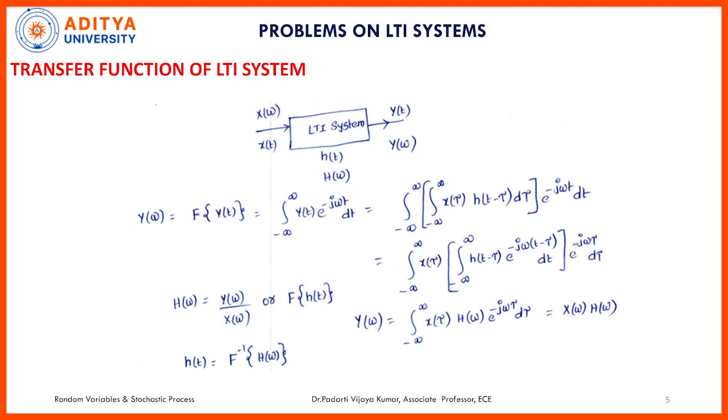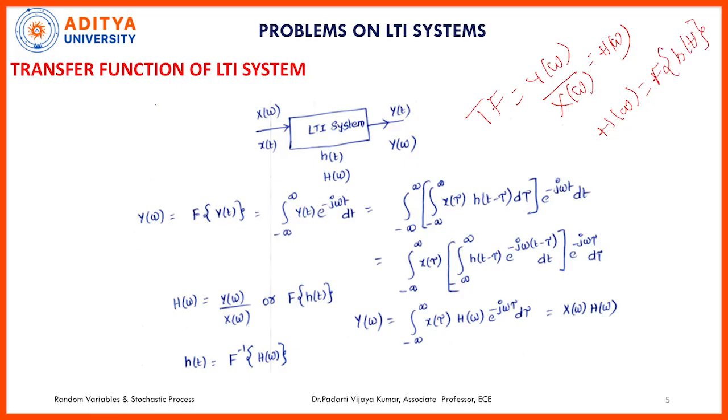Along with that, we also use the concept of the transfer function. The transfer function is mathematically defined as the transform of the output to the transform of the input. It is denoted as h of omega, which is nothing but the Fourier transform of the impulse response h of t.